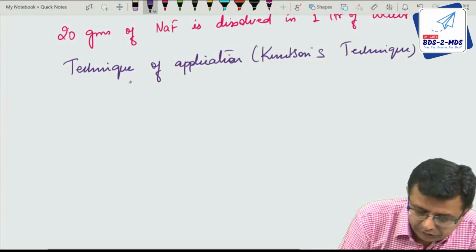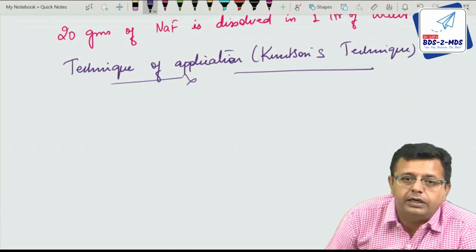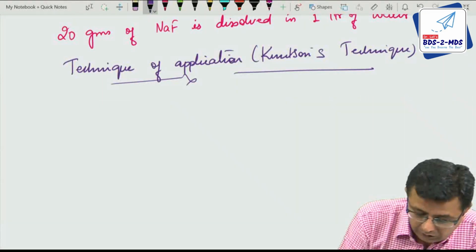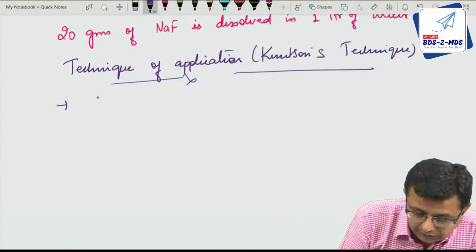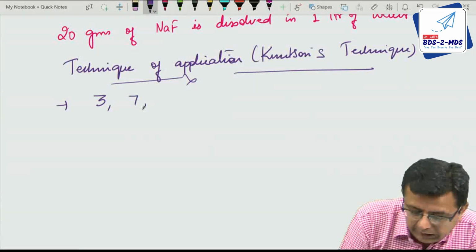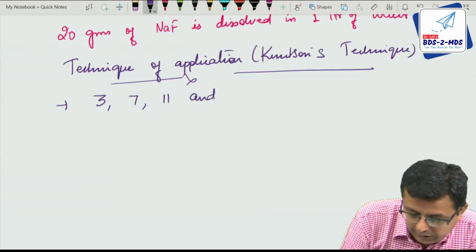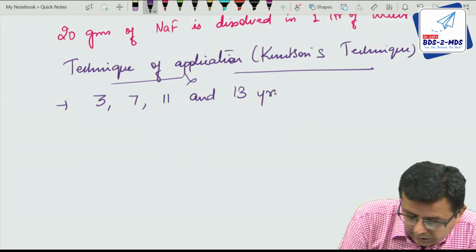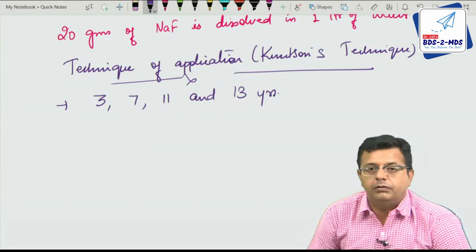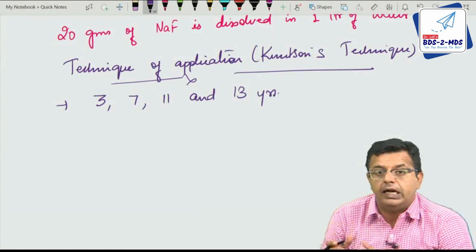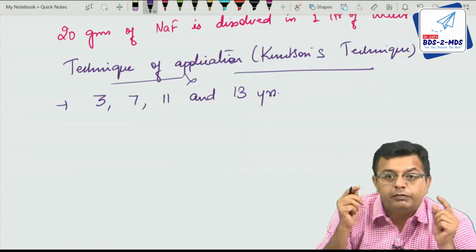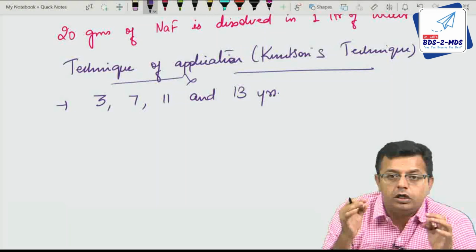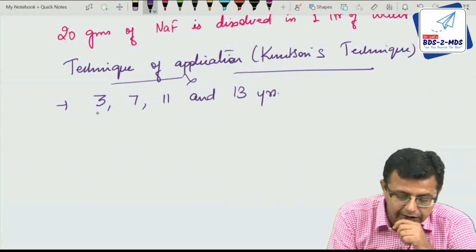Knudsen advocated that it should be applied at 3, 7, 11 and 13 years. So in the exam, if somebody asks what is the minimum age to start topical fluorides, it's a vague question. The minimum age for professional topical fluoride is 3 years.